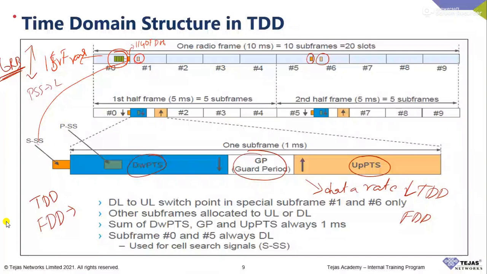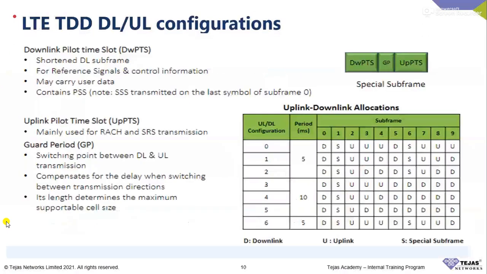Okay, so now let's look at this special subframe in depth. You can see here, we already saw what this special subframe is. It consists of something called downlink pilot time slot, guard period, and uplink pilot time slot. Now we'll see what different configurations are available in the special subframe and how they will impact.